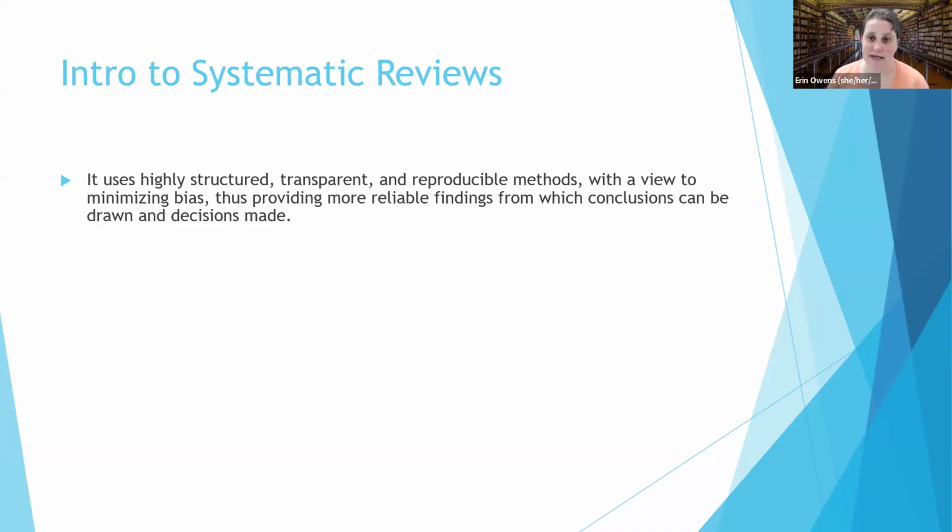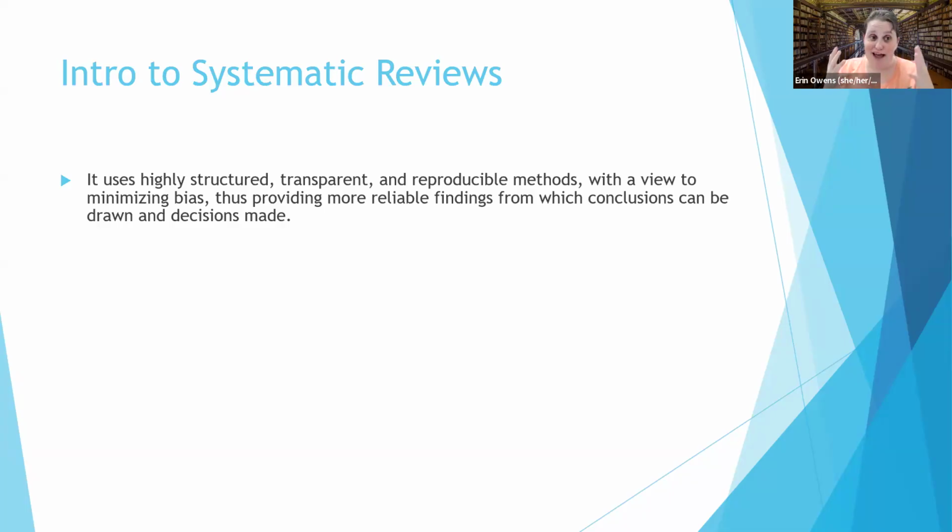The goal for that is to minimize bias. That way, people who are looking at our review of the literature don't have questions about why is this included? Well, why didn't you include that guy's study over there? Because all of those questions should be clearly addressed by our methods and our criteria.